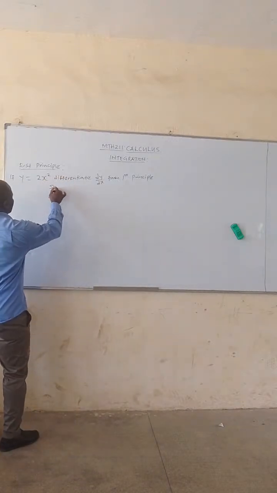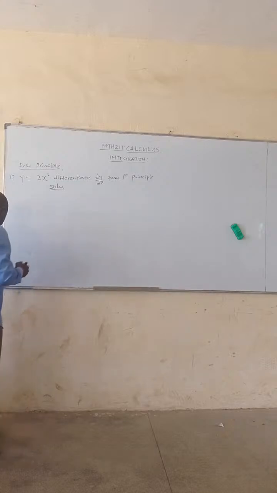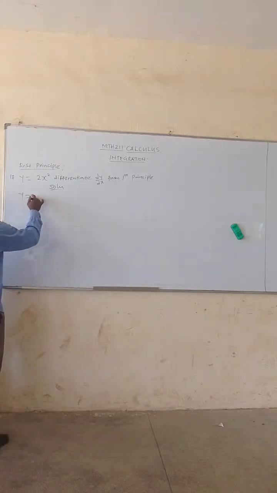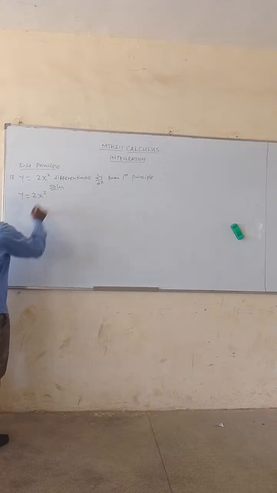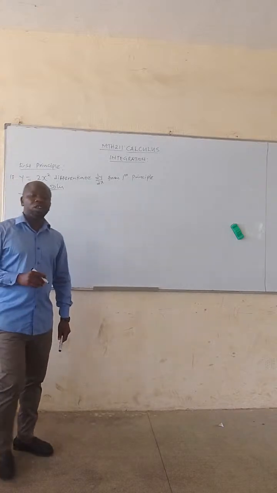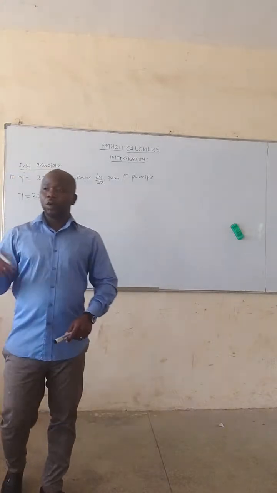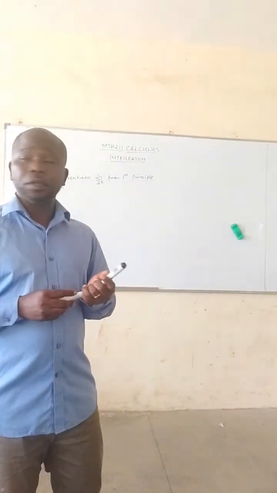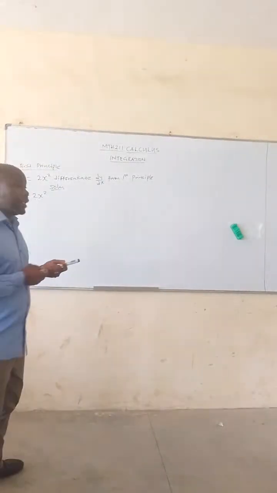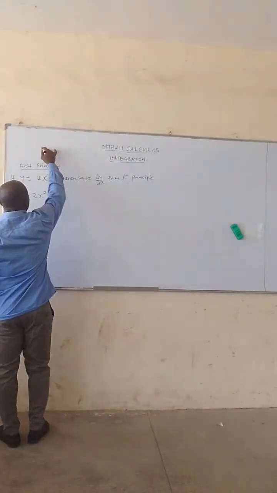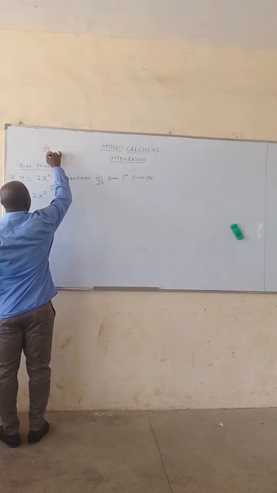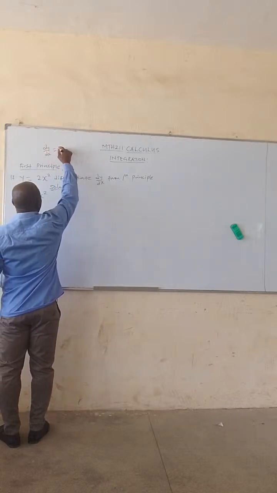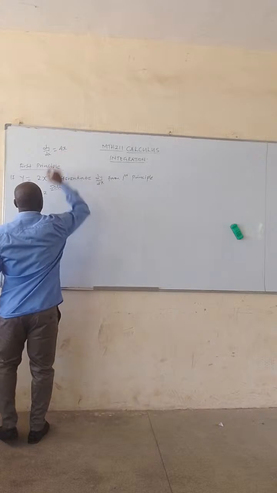Let's write the solution. We know that our function y is equal to 2x raised to power 2, right? So ordinarily, if we are to differentiate this function, what are you supposed to have? 4x, right? Yes, sir. It means ordinarily our dy over dx is equal to 4x.